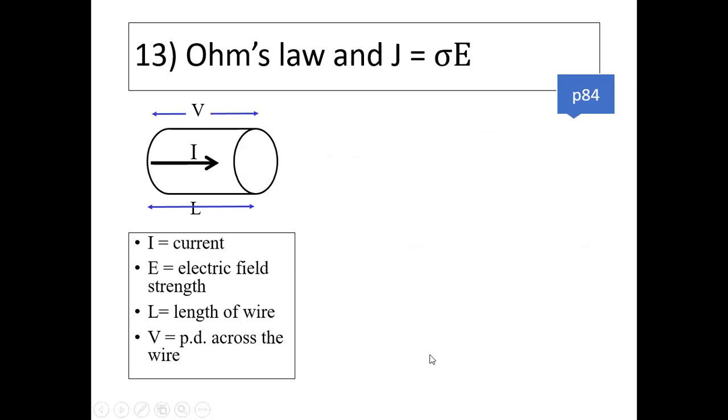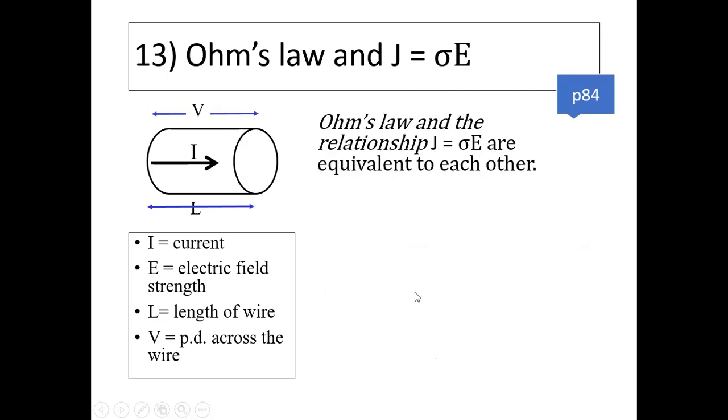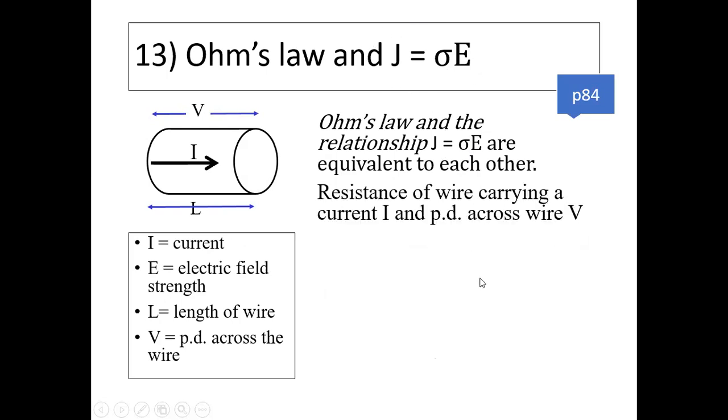Okay, the next thing is you want to show that this is another way of writing Ohm's law. So let's start with Ohm's law and the relationship J equals sigma E are equal to each other. That means this is another way of writing Ohm's law. Same, we work with the resistance of a wire carrying a current I. Potential difference across the conductor is V. So R is V over I. That's our definition.